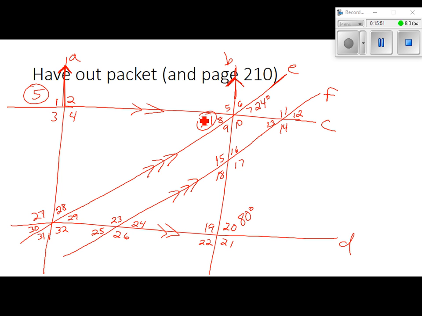What's this angle? Is that 24? Is that angle 7? Angle 7. It is this time, isn't it? So is that gonna help us? Yeah. So let's just look at that. If that angle's 24, these two are parallel. What's this angle? 24. What's this angle?